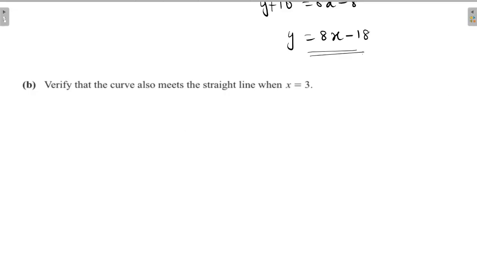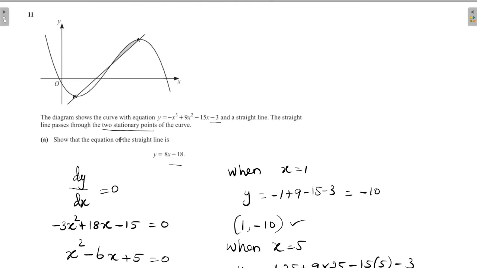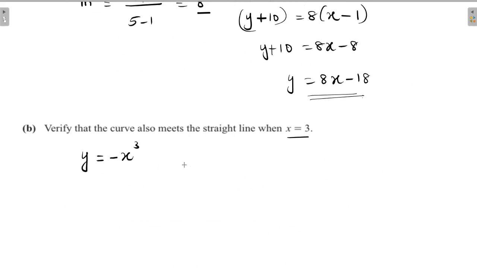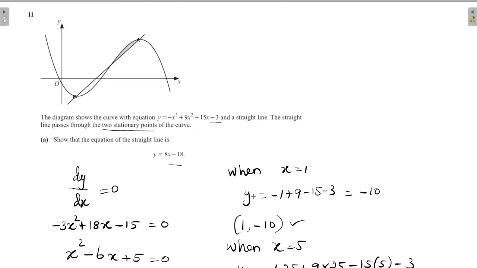When x = 3, the curve also meets the line at another point. What is the y coordinate? The equation of the curve is y = −x cubed + 9x squared − 15x − 3.